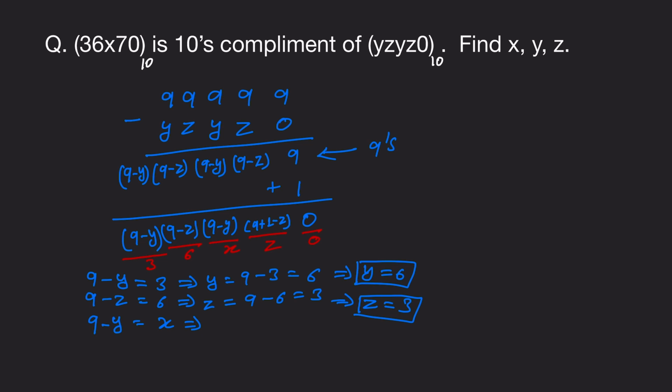So x is equal to 9 minus y, and the y value is 6, so write 6 here, equal to 3. Therefore x is equal to 3.